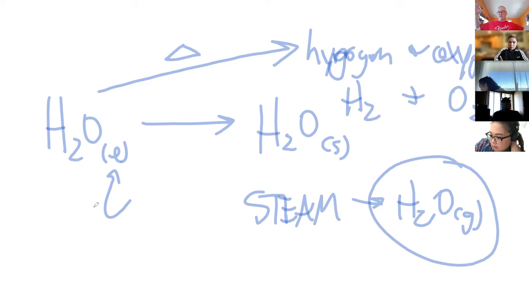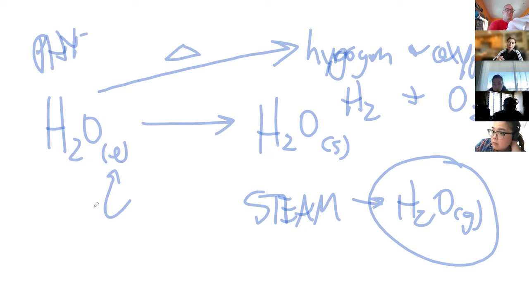But in a gas, there's a huge distance between the molecules because they have a lot of energy and they're moving around very quickly and there's a great deal of distance between them. But chemically, they're identical. There's no difference. And so these are all physical changes.